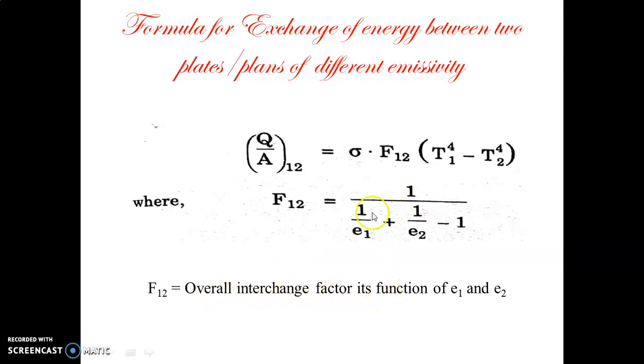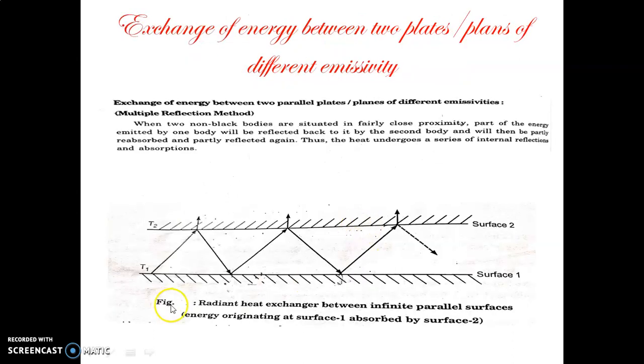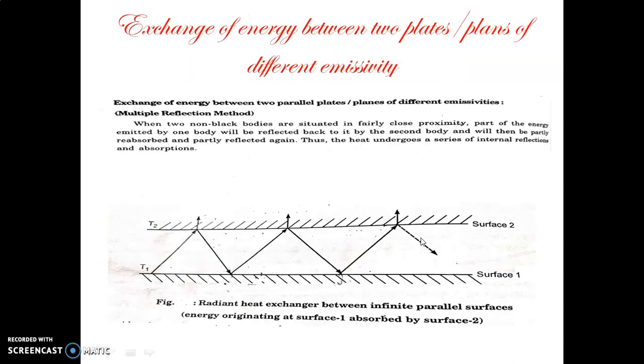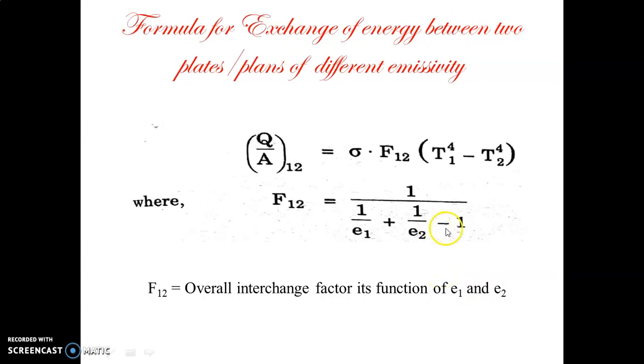This is the formula: F12 is equal to 1 divided by (1 by E1 plus 1 by E2 minus 1). E1 is the emissivity of the first surface, and E2 is the emissivity of the second surface.